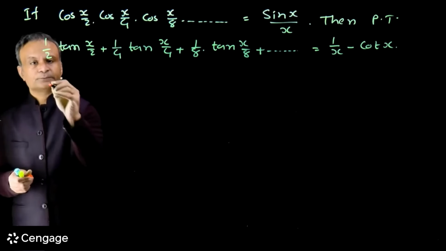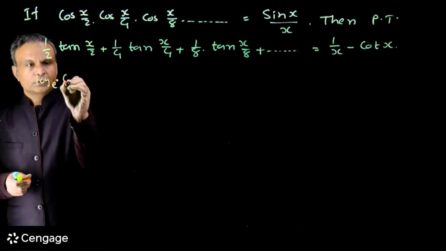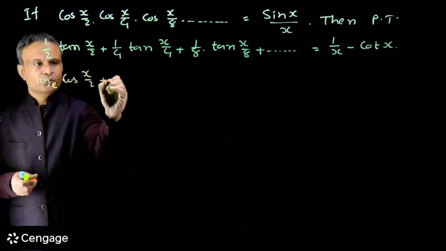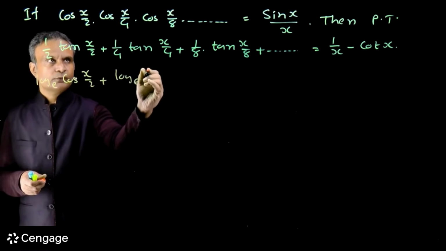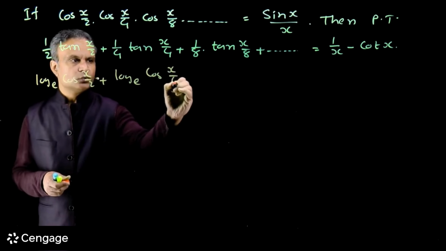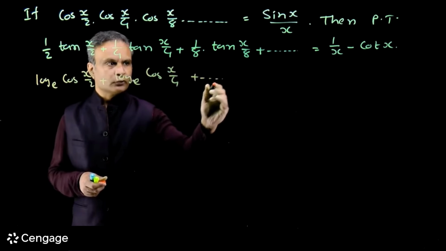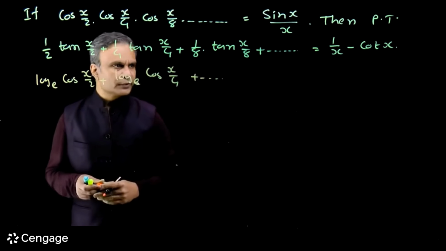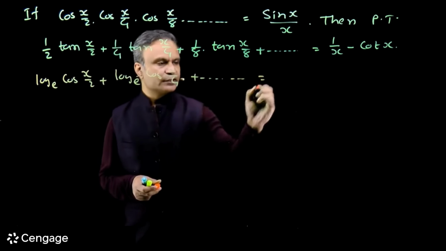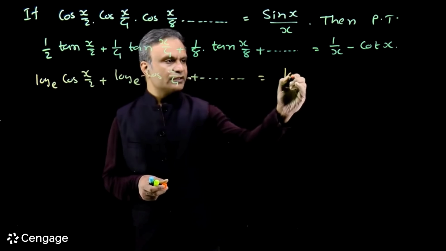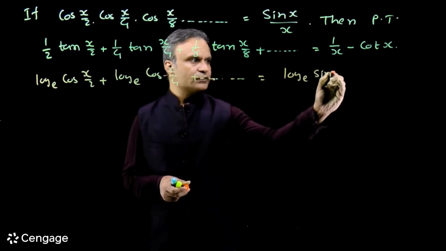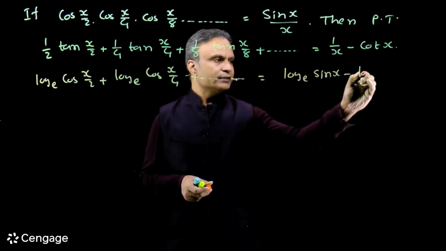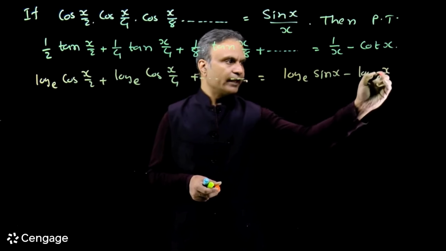We get log of cos x over 2 plus log of cos x over 4 and so on. No need to write so many terms, okay. Trend समझ में आना चाहिए बस. And here on RHS we will have log of sin x minus log of x.